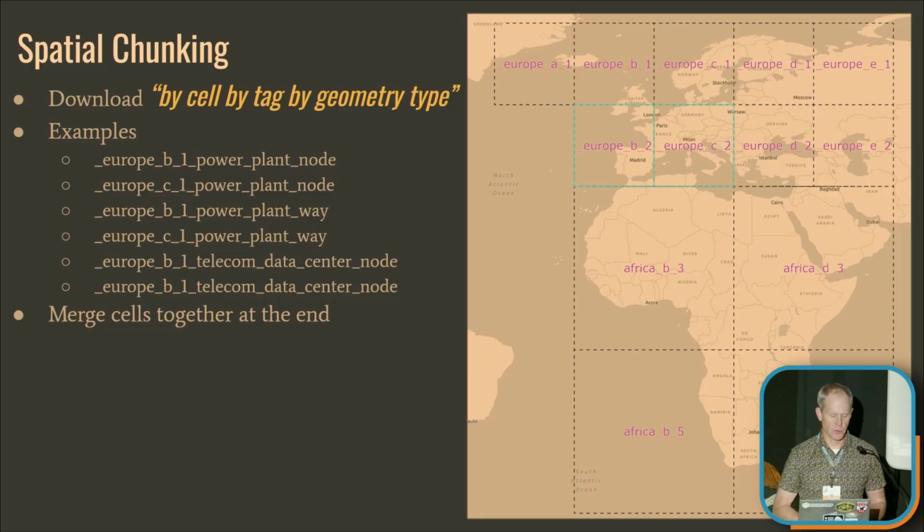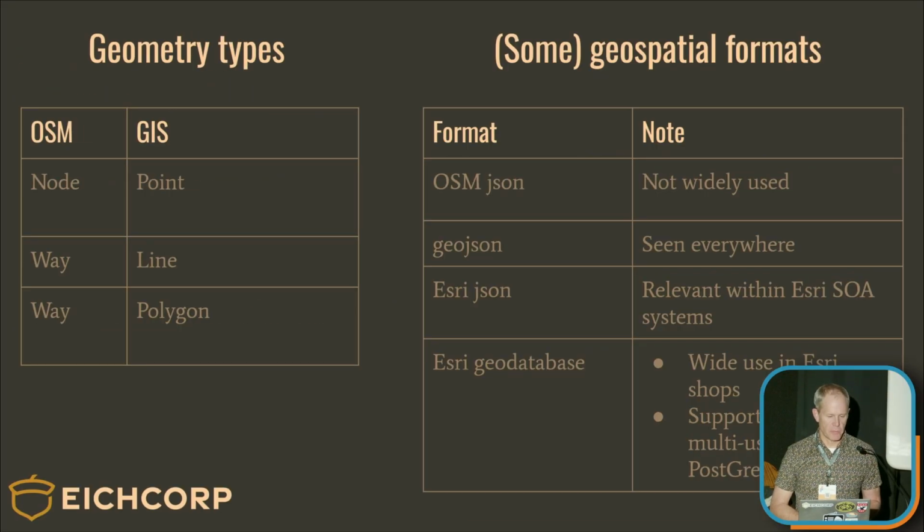We did some spatial chunking. This is kind of a key part of making this work for this client. And I put this in quotes here, but essentially we're chunking this whole operation up by geographic cell, by tag, and by geometry type.